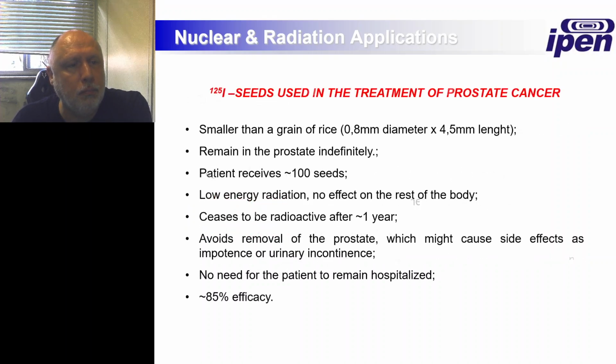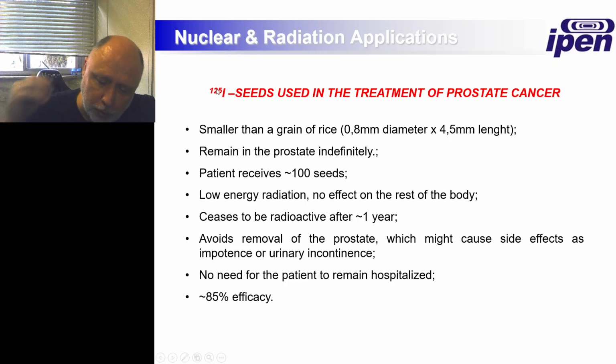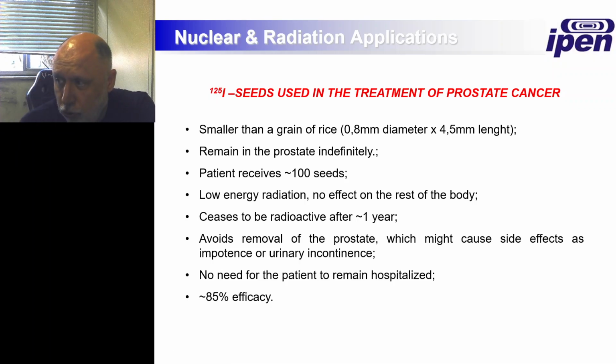Let's take an example, iodine-125. It's very much used, and it's in the last stages of its development here at IPEN, so that we can have it much cheaper than the imported ones. They are things the size of a grain of rice that you essentially sew to your prostate.